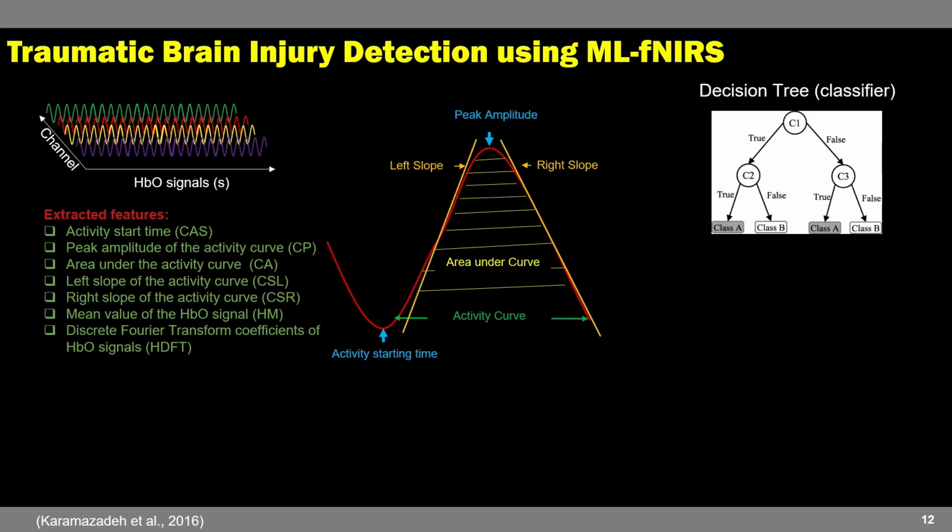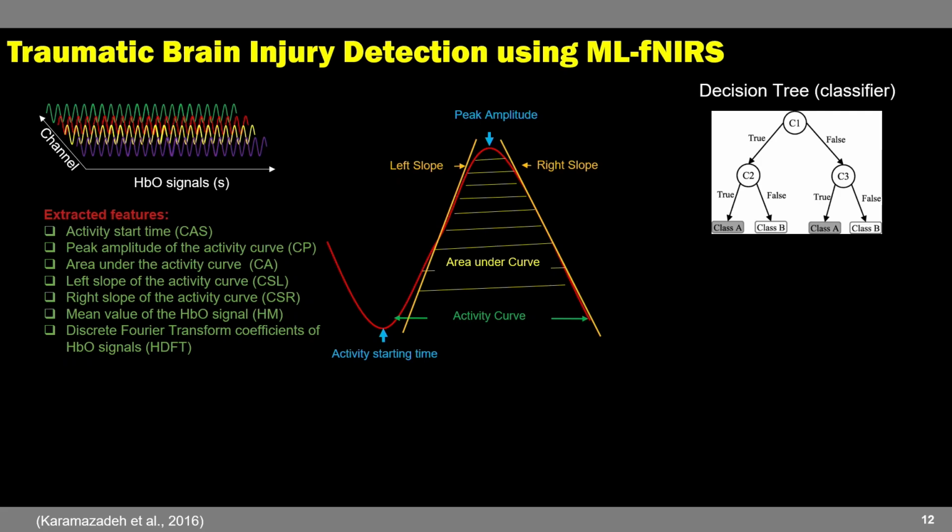Here, they use the decision tree. The basic idea is that we are teaching the decision tree to use different features. So we put in the feature and, for example, a threshold: if the value is lower than this threshold, that means this is a TBI patient.